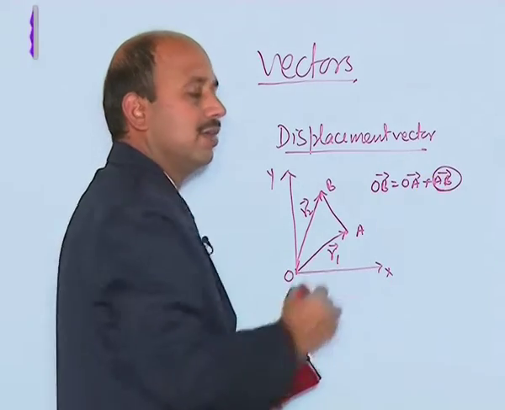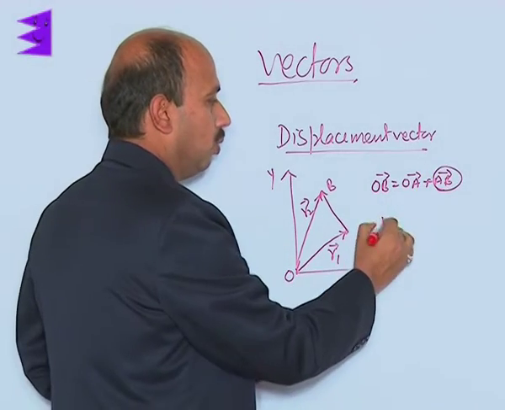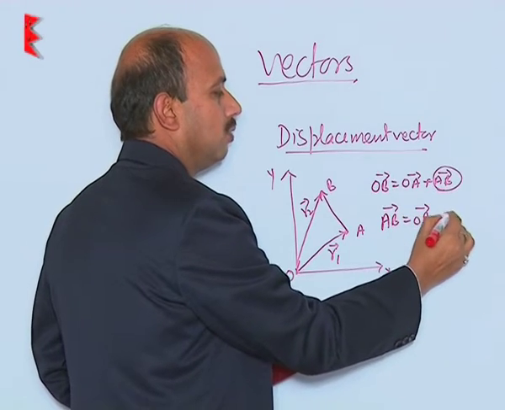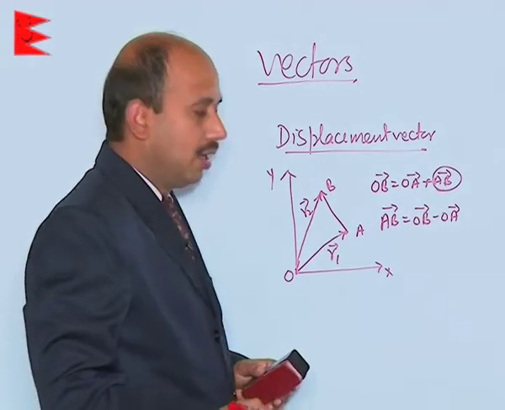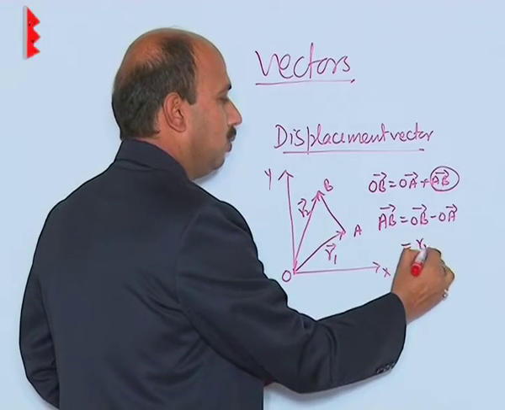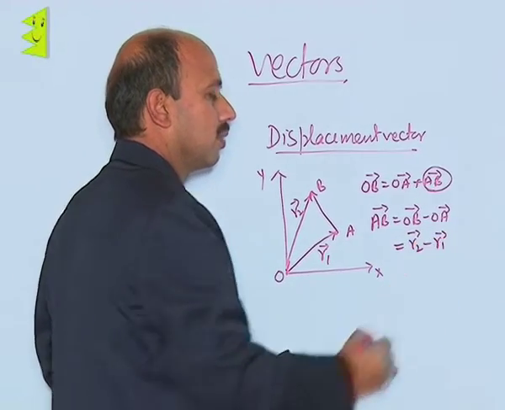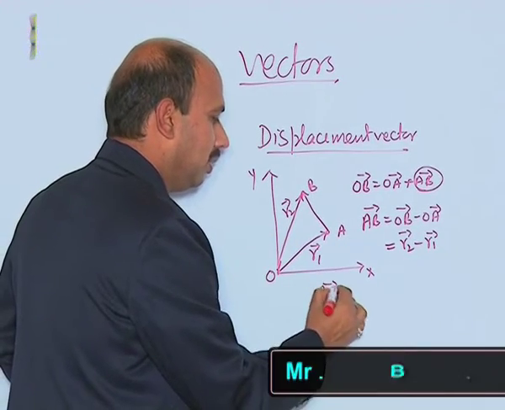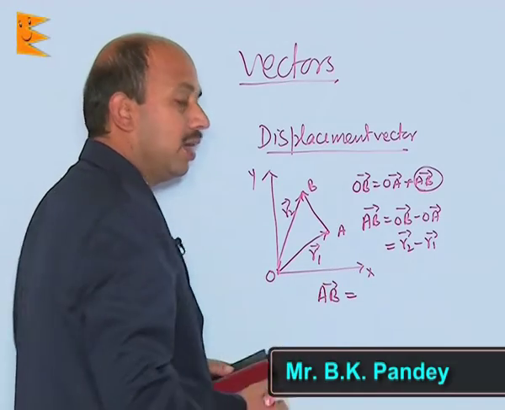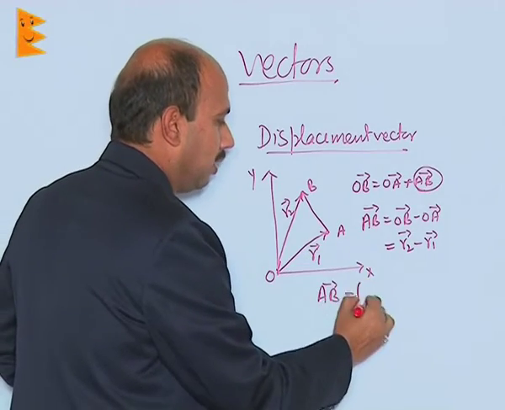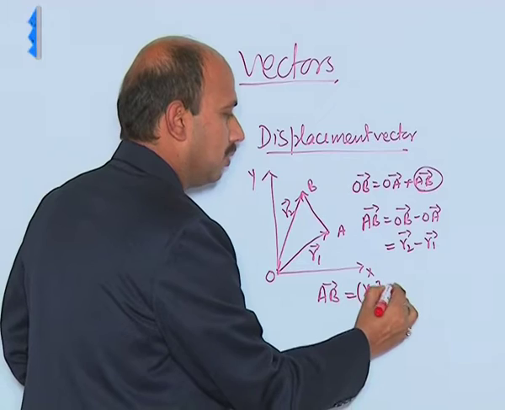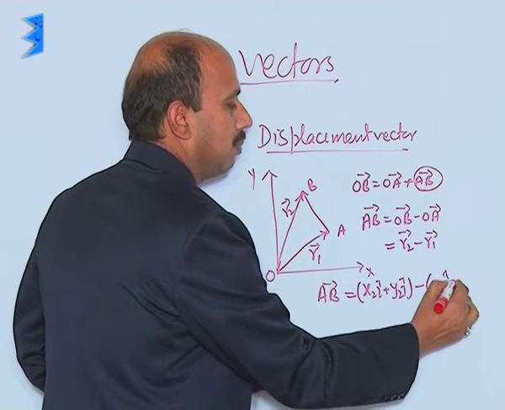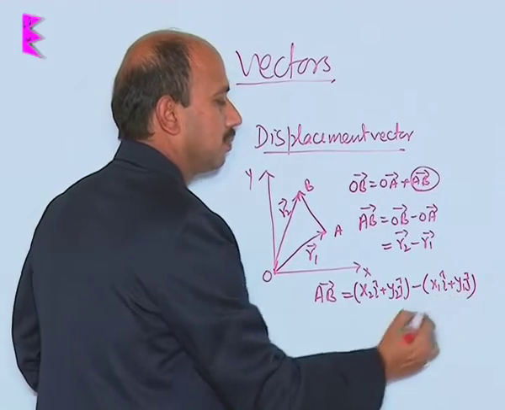AB is taken here as the displacement vector. So, we can write AB is equal to OB minus OA, and that we can write as r2 minus r1. Also, we can write AB is equal to, we can put the value of r2, so that will be x2 i cap plus y2 j cap minus x1 i cap plus y1 j cap.